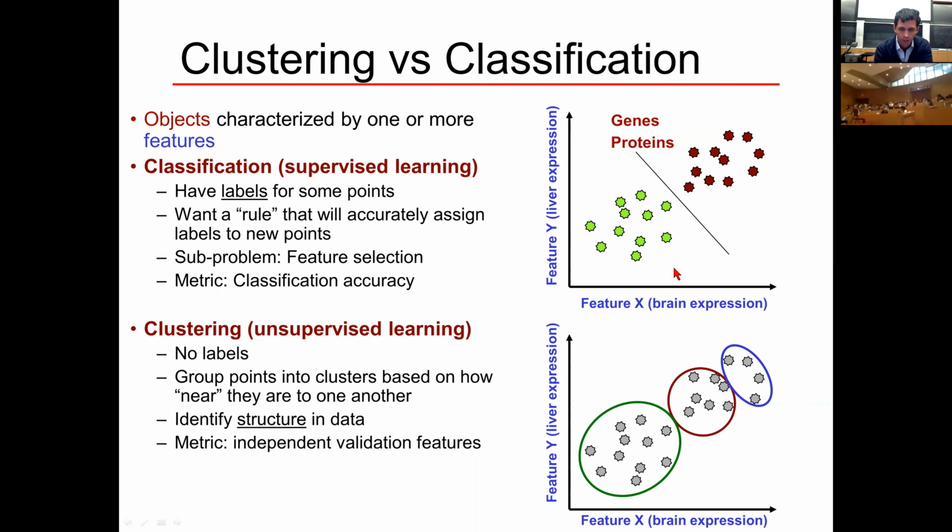So in every case, we have this multi-dimensional feature space. We have genes, proteins, or anything else. And then we classify the points, or we just simply group them into some number of classes without knowing in advance what the classes are.